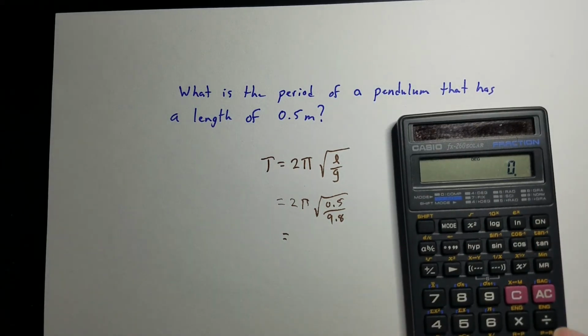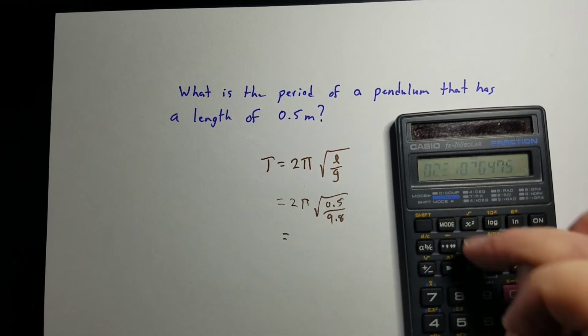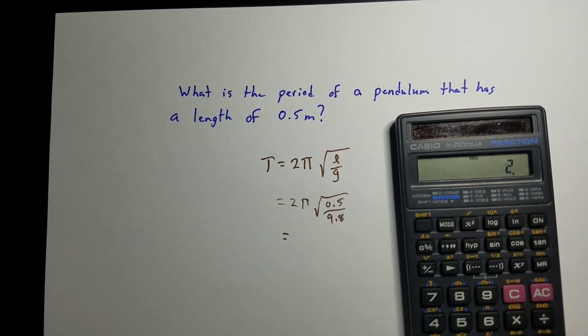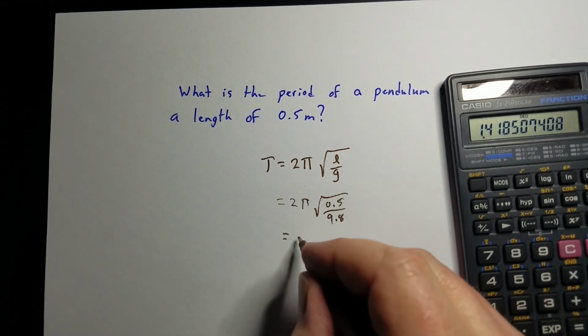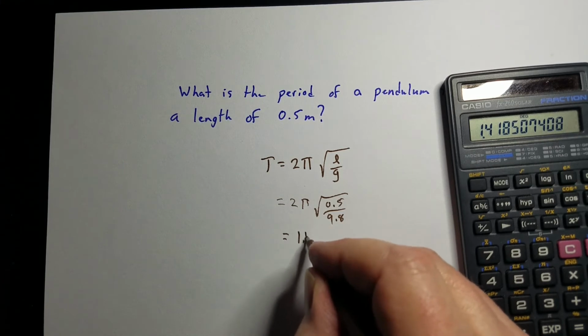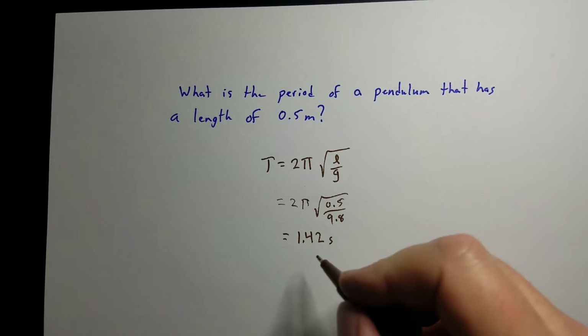So take 0.5 divided by 9.8, go ahead and take the square root of that and multiply by 2 and multiply by pi, which I'm just going to use 3.14. And so the period of that pendulum is 1.42 seconds.